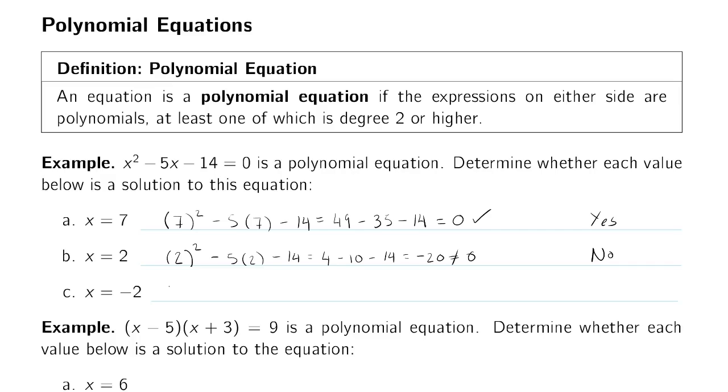But for x equals negative 2, I'll have negative 2 squared minus 5 times negative 2 minus 14. Negative 2 squared is positive 4. Minus 5 times negative 2 is plus 10, minus 14. So 4 and 10 is 14. Minus 14 is 0. So x equals negative 2 is a solution. So that polynomial equation had at least 2 solutions. We don't know at this point, there might be more.